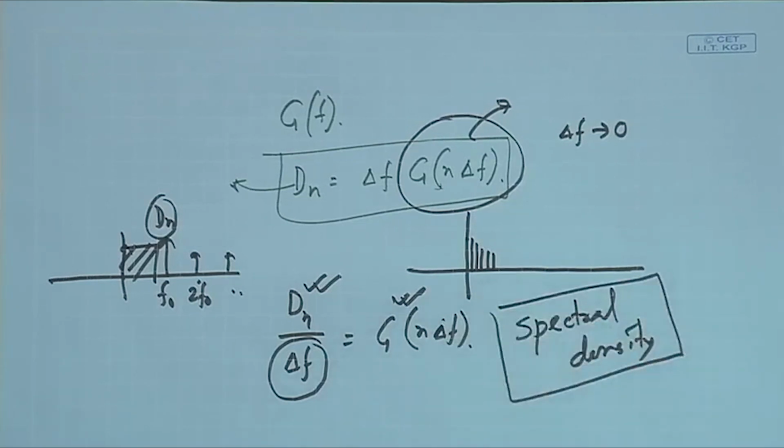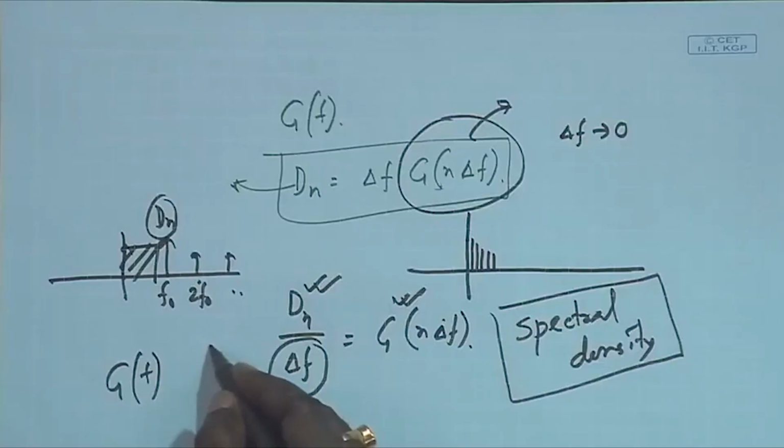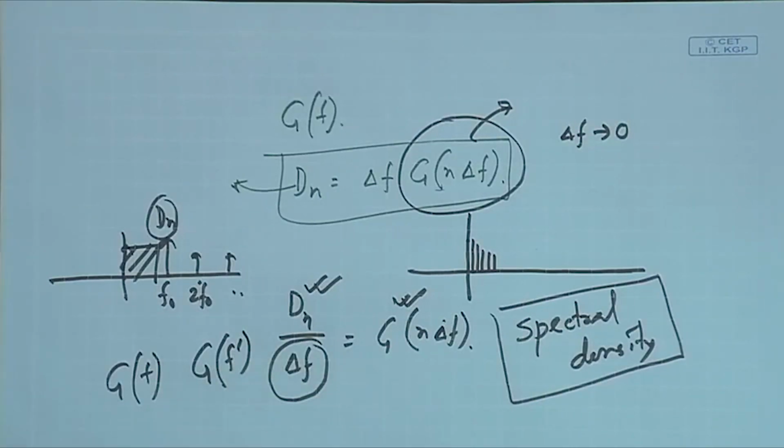Earlier when we were plotting d_n, we were saying that a frequency component has this much amplitude, that is, whatever the modulus of d_n is. Now we are not saying that, we are saying per unit spectrum, because it has to be divided by del f, and this is the amplitude strength. Suppose I take a G(f) value at a particular frequency and another G(f') at another frequency.